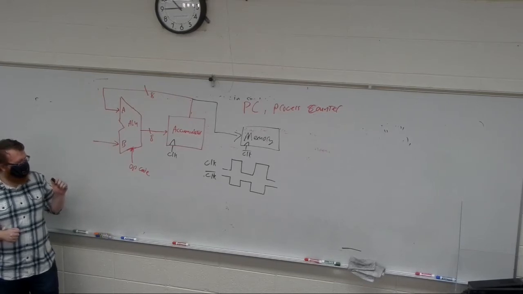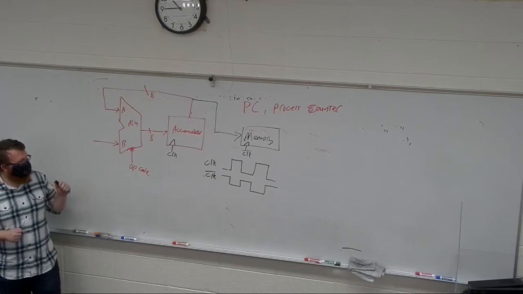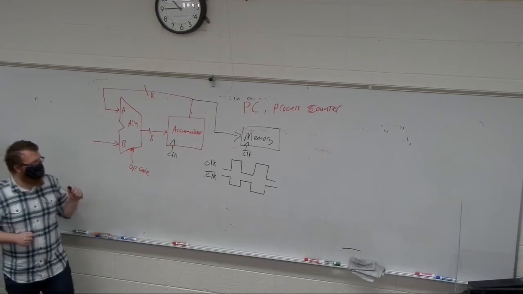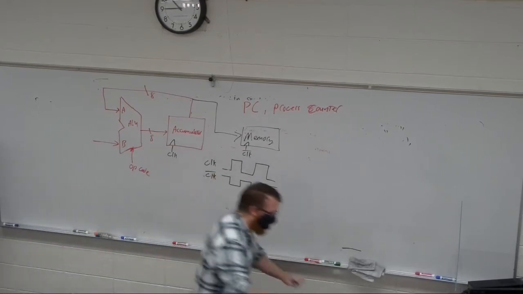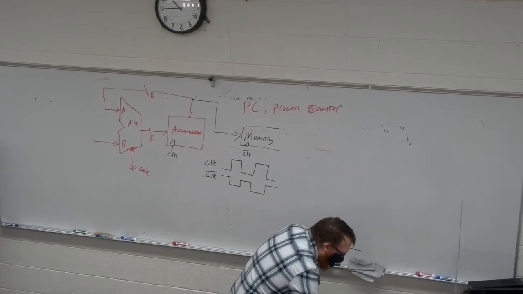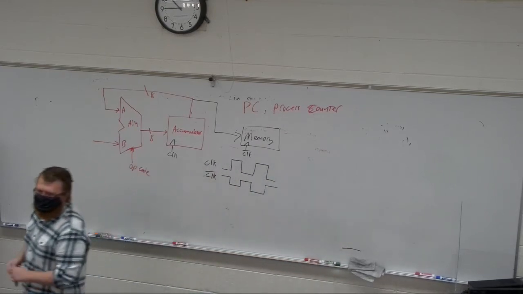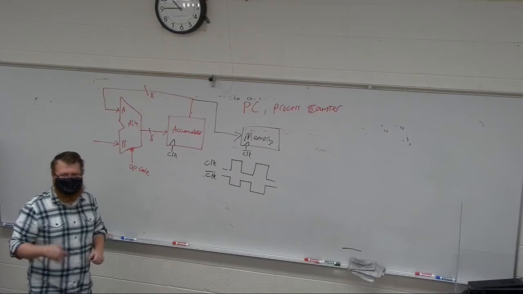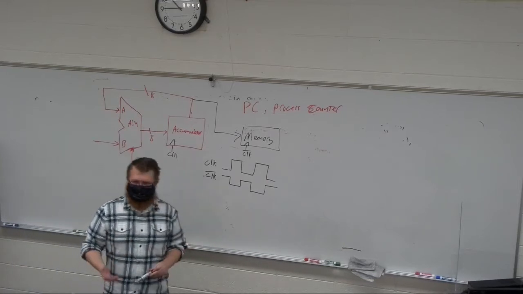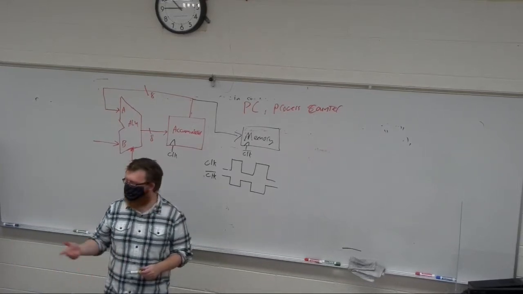Let me think if there's anything else there. Clock enables, right? That's something else we just recently talked about. Make sure you implement them correctly, using the mux instead of the gates.